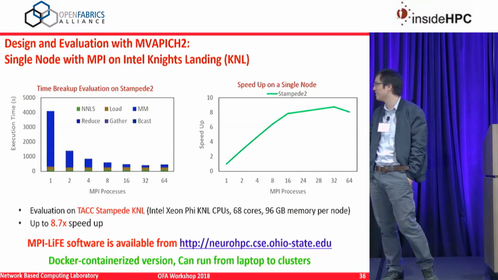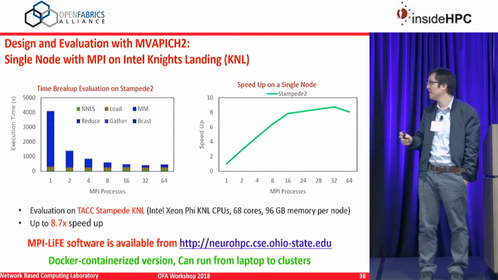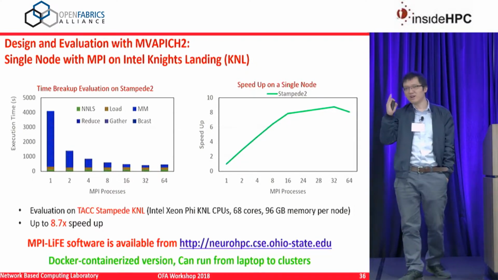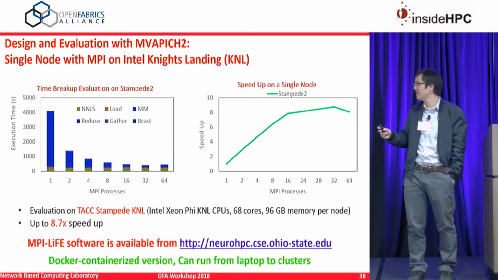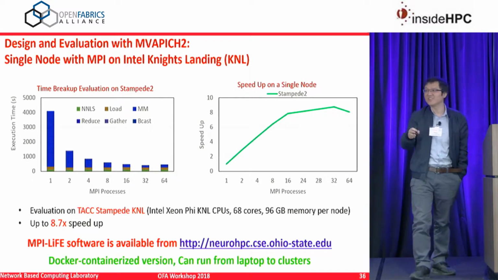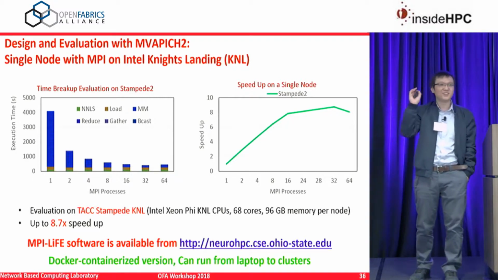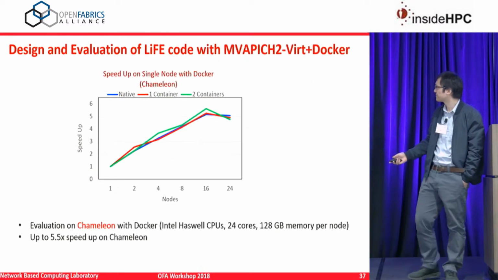So we are trying to help them package everything in a Docker version. We have a Docker containerized version, which is available at this URL. This is a new project, NeuroHPC, launched by us. We are going to help them run their NeuroHPC jobs on top of cloud efficiently, okay? Because sometimes even for them, it's hard to deploy all these dependencies in the cloud. So we are trying to help them just do a Docker pull, run our MVAPICH version, and you get near-native performance. That's the key.